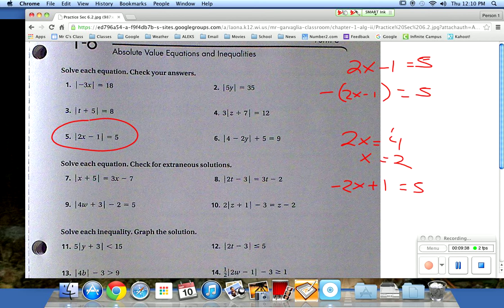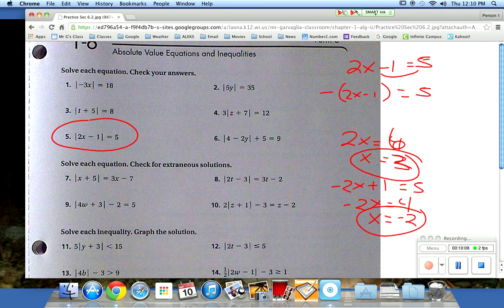Hold on. This is 6. This is 3. I made a mistake. When I bring this over, we're going to add that to it. In this case here, it's minus 2x equals 4. X equals minus 2. So your two answers for this are minus 2 and 3. See how we have to separate them out?